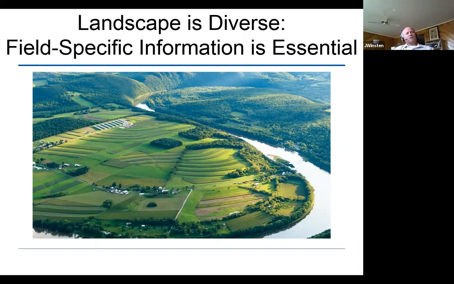And also, any given BMP is not going to have the same performance or the same outcome on all of these fields. And so using an average, like a coefficient for nutrient loss reduction for a BMP, becomes sort of meaningless if the variation is too great.